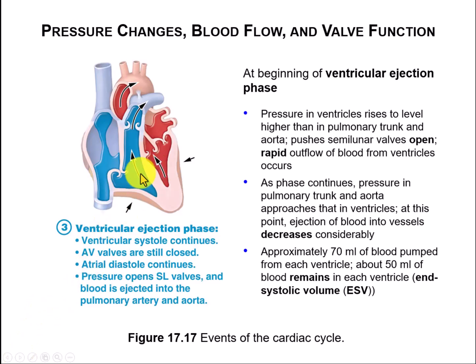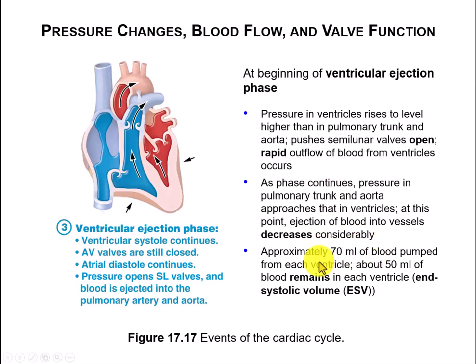Once the pressure in the ventricles overcomes the systemic pressure in the aorta and the pulmonary pressure in the pulmonary trunk, it pushes open the semilunar valves. So during ventricular ejection, our semilunar valves are open. The atrioventricular valves are still closed, and we eject the blood out of the heart.